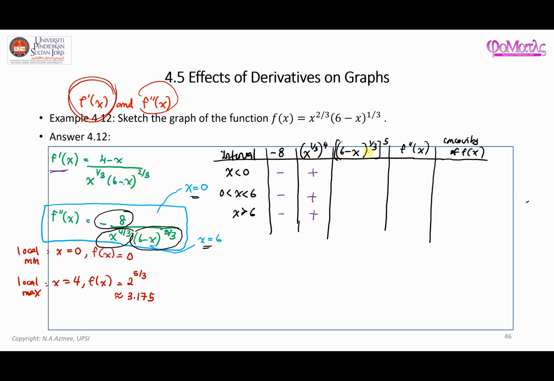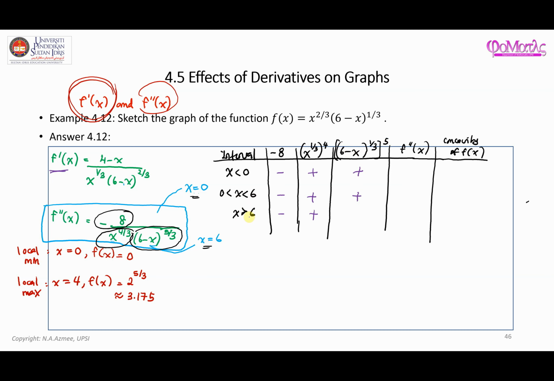Now for the last term, when x is less than 0, x is negative, so 6 minus a negative value becomes positive. The power is 1/3, which is positive as well, and with the outside power of 5, the whole thing is positive. Between 0 and 6, everything here is positive, so the whole expression is positive.